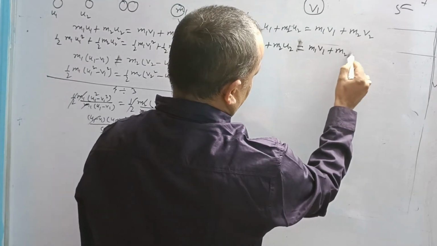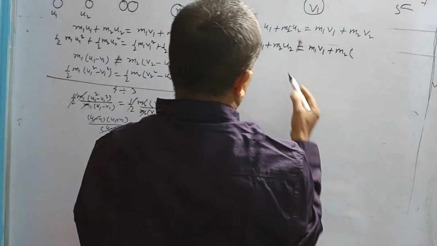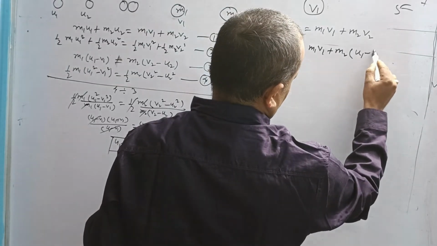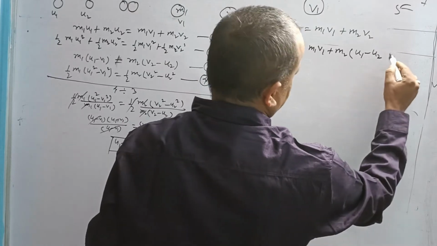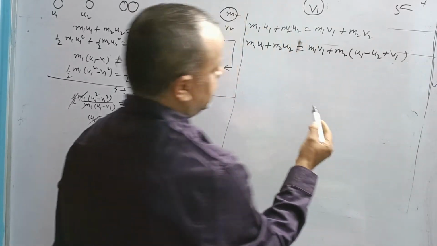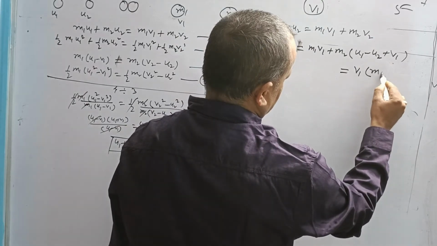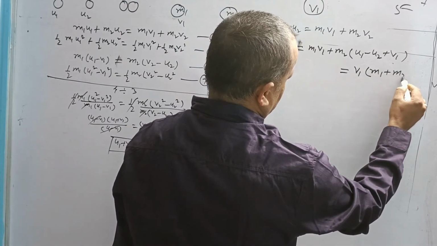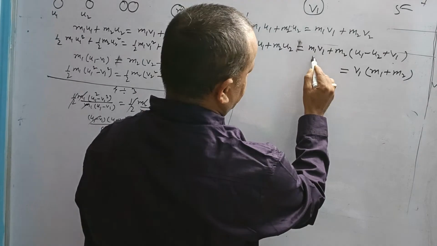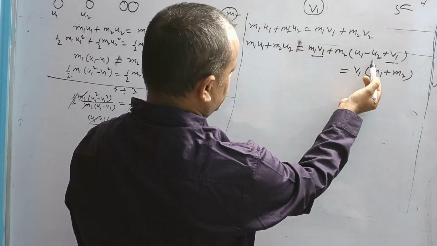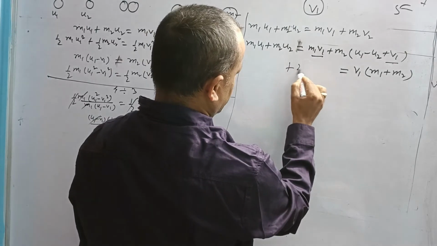This is M2 V2, and V2 will be U1 minus U2 plus V1. Our objective is to get V1. This is M1, this is M2. We have utilized V1. Now we'll take this M2 U2.